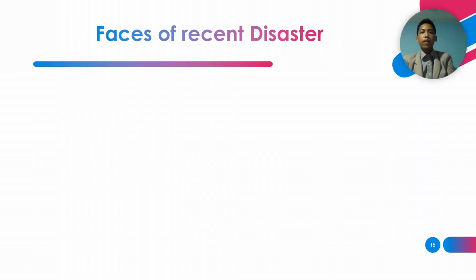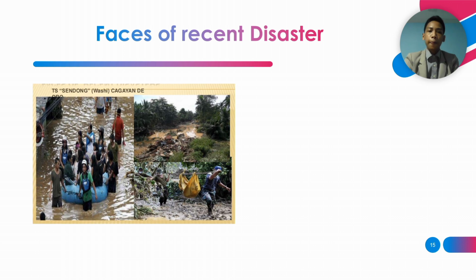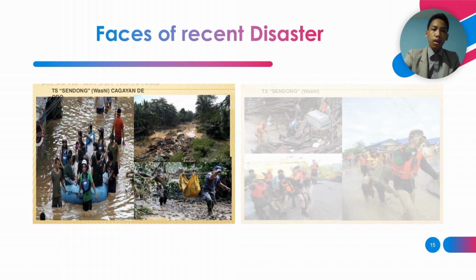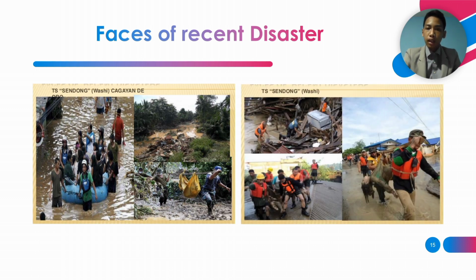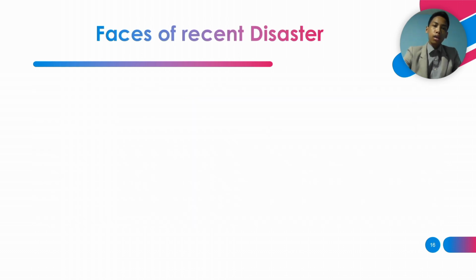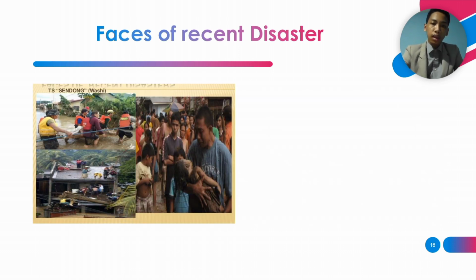Next is the phases of recent disasters. I will show pictures of recent disasters. This is Sendong, Washi, Cagayan de Oro. This one is also Sendong. This one is the same.